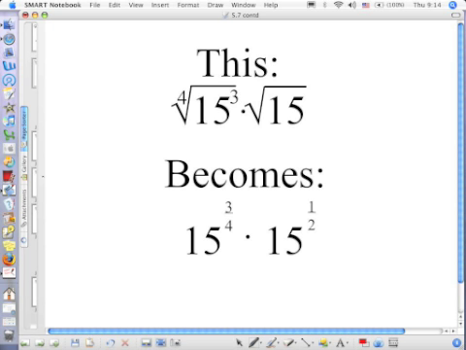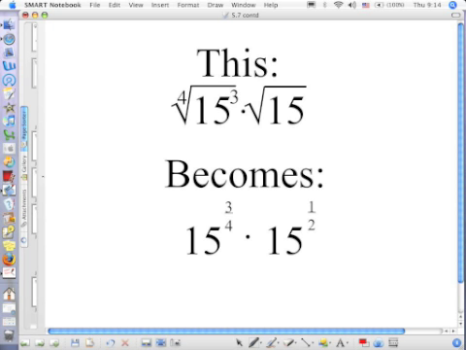I turn them into an alternative state: fractional exponents, because yesterday we learned how to deal with these things. 15 to the 3/4 is the same thing as the fourth root of 15 cubed, correct? Does everybody see that? Blake, do you? Okay. And 15 to the 1/2 is the same thing as the square root of 15.